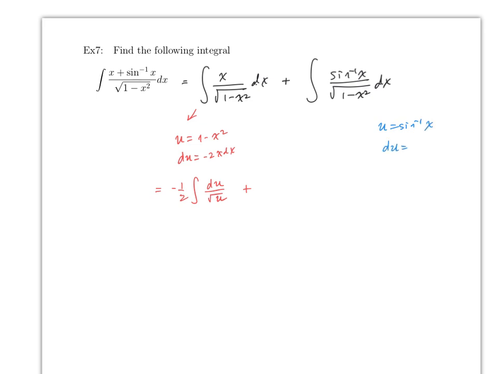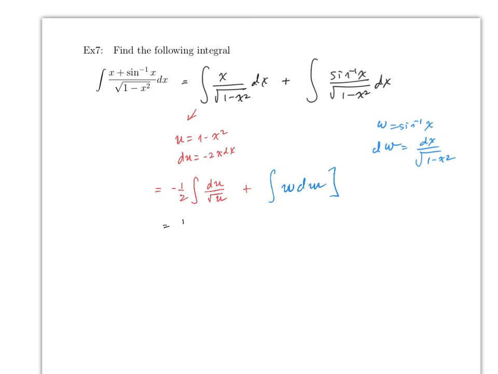And du is technically dx over the square root of 1 minus x squared, which is what you already have there. So the second integral is going to be, well, maybe we should call this a different variable. So let me call this one w instead of u. Let's say this is w. So then this will be w dw.